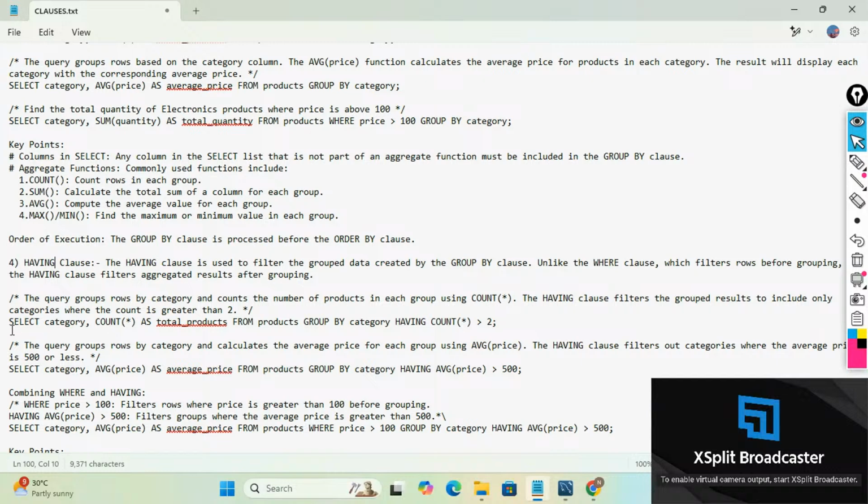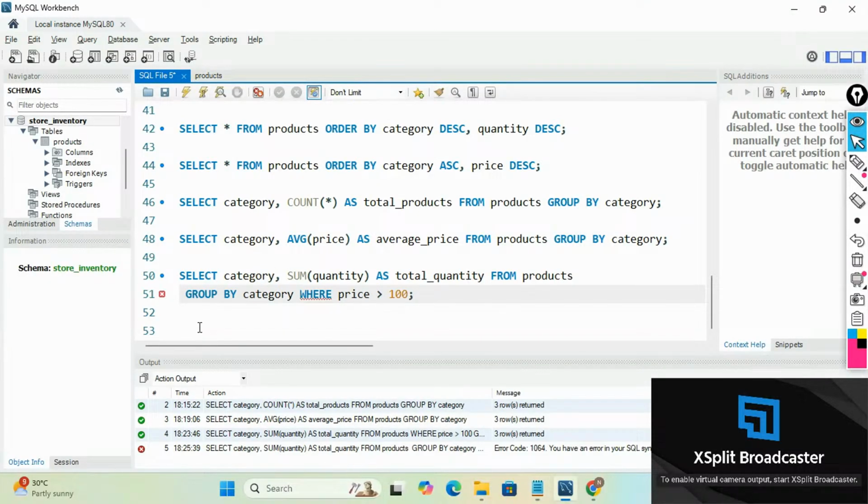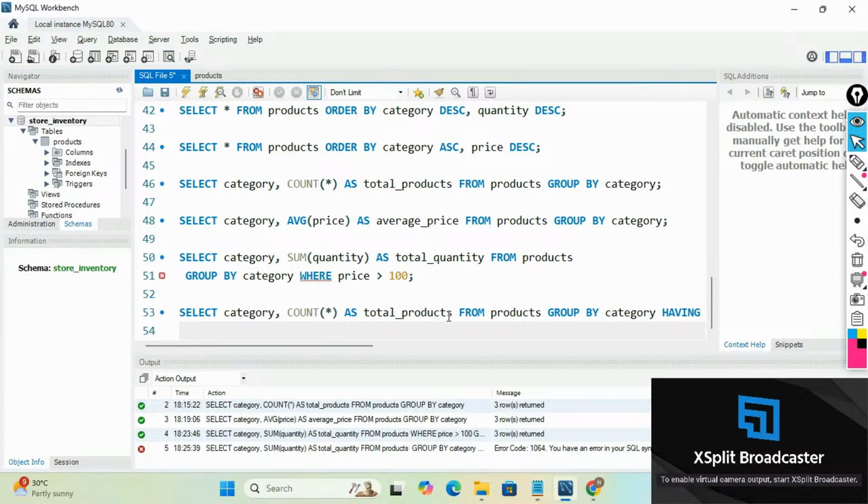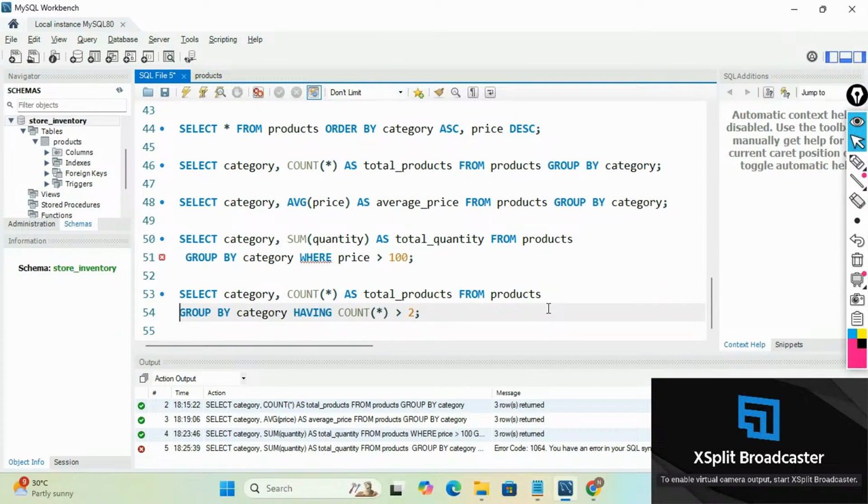So let me go and use the having clause. Probably this time it will be clear for you. Is it the same? Yes. Select command followed by group by clause. I'm grouping the records based on the category column.